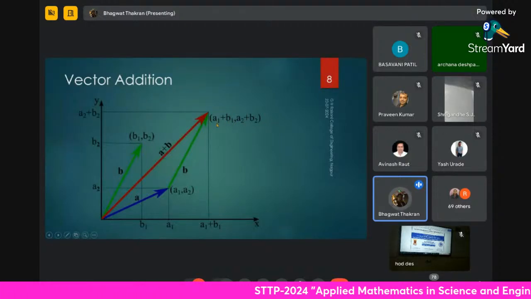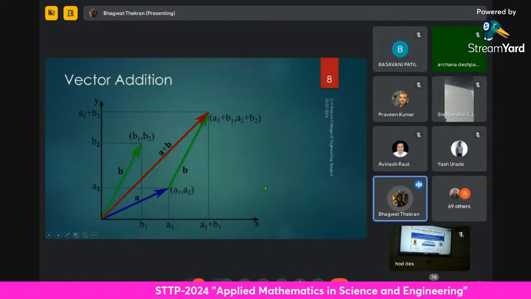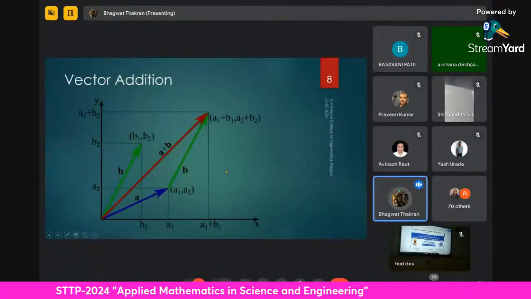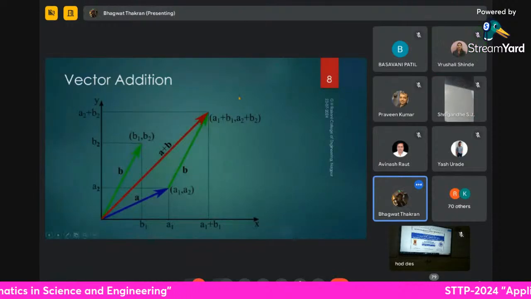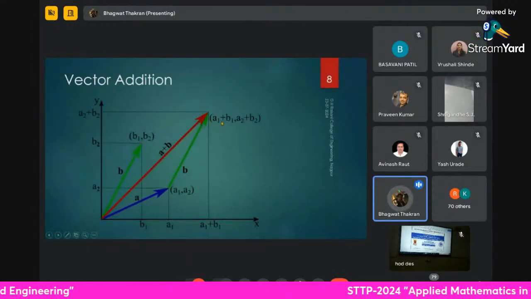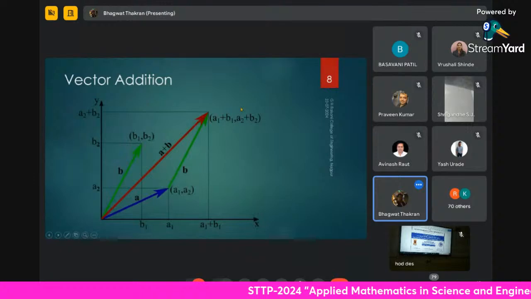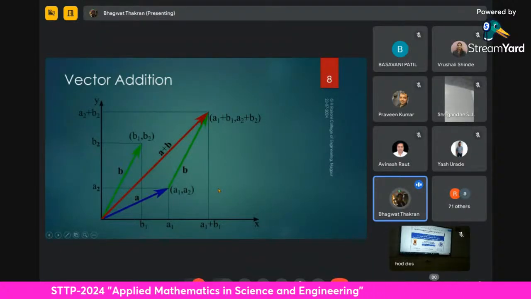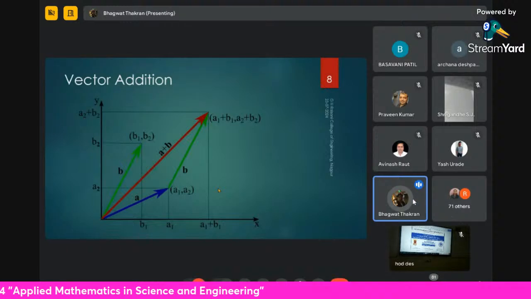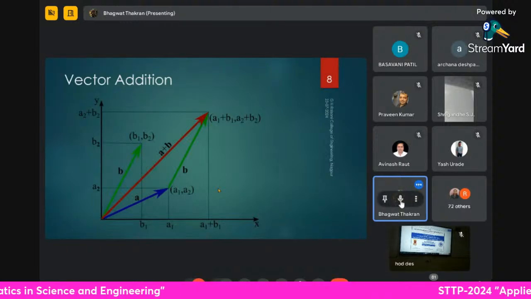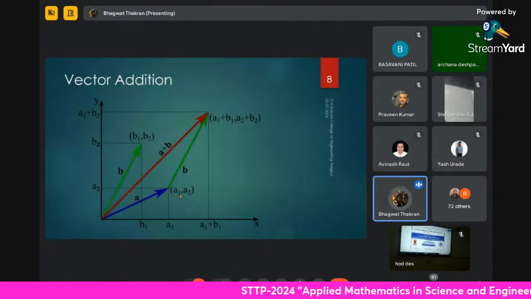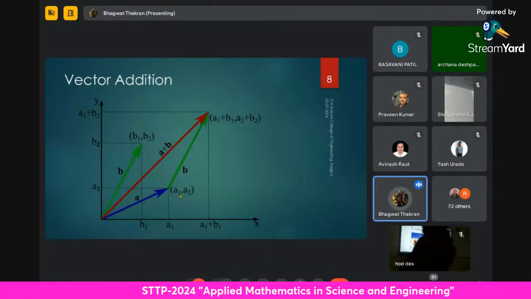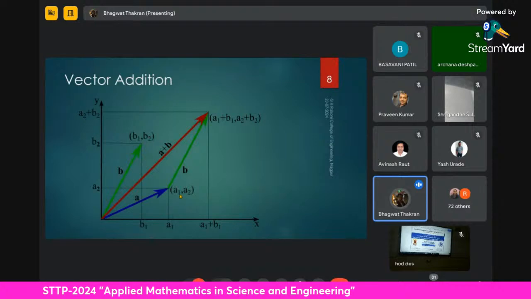Now this coordinate in xy, or we can say in R2 space, is the sum of the two vectors. And further, this can be written like this: the corresponding elements of the matrices get added. So this is the geometrical interpretation of vector addition.